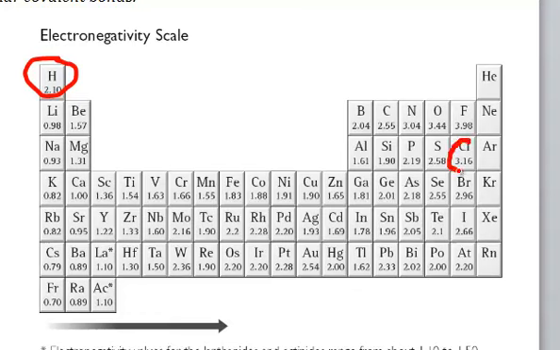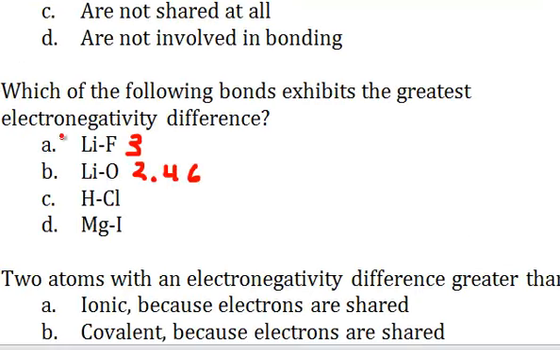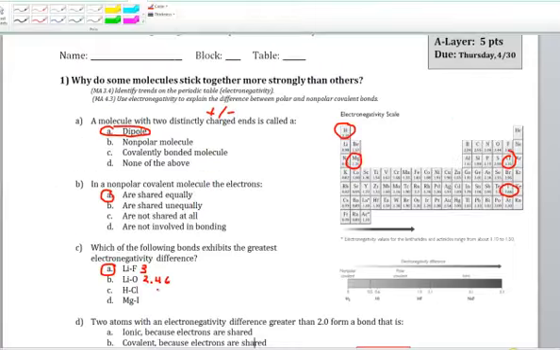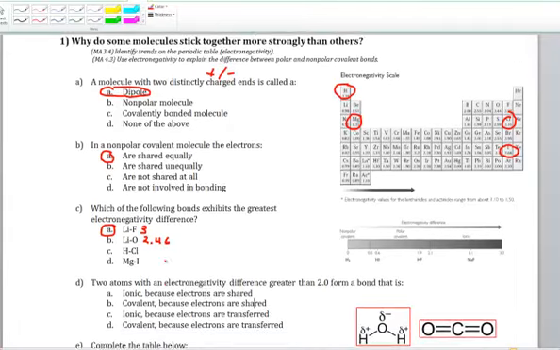Chlorine is 3.16. That's nowhere near 3. And then magnesium and iodine, 1.31, 2.66. That's nowhere near 3. So clearly the biggest one is A. Again, the way I did that is I just looked at the numbers in the table and subtracted them. That's how I tell the electronegativity difference.